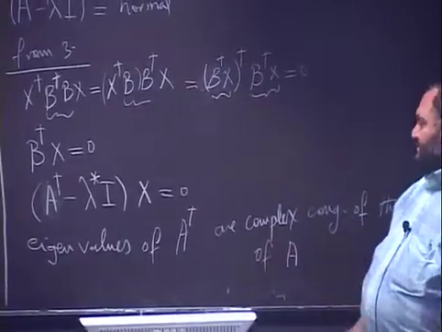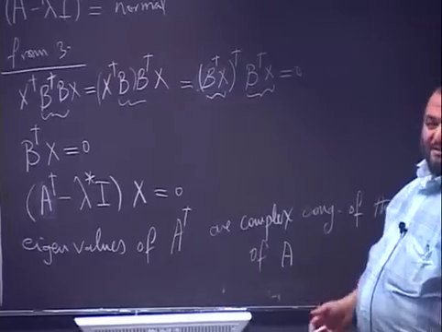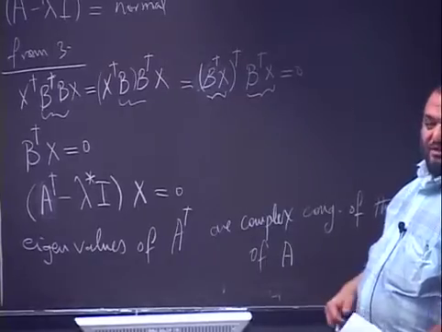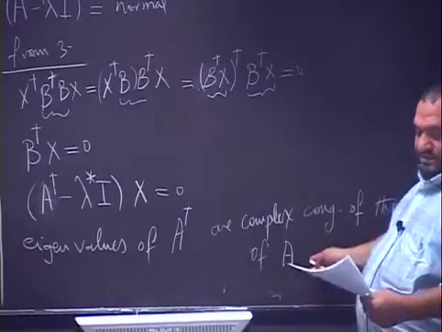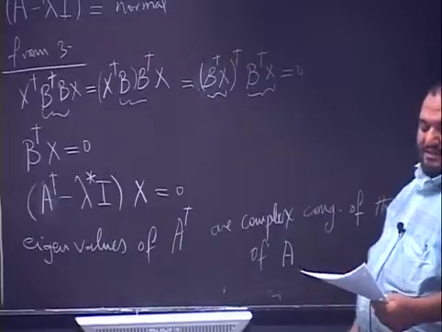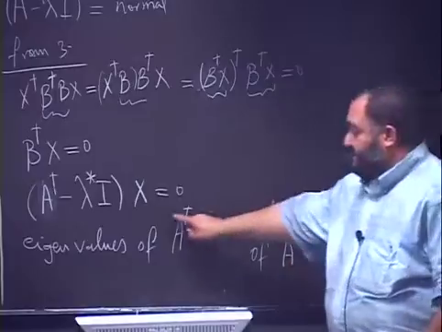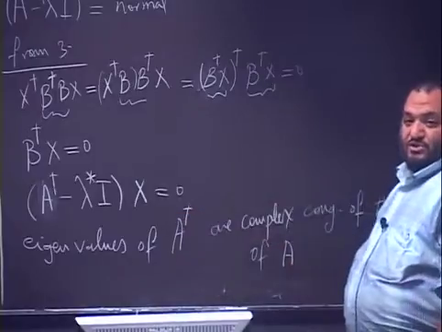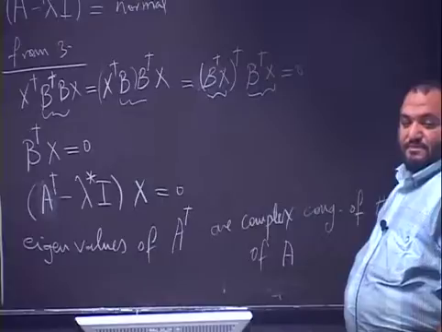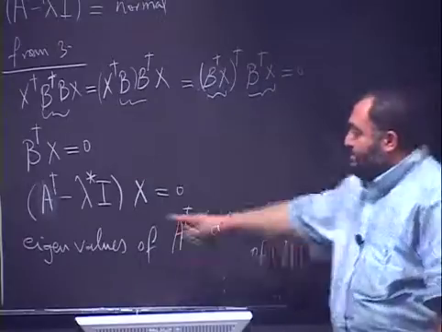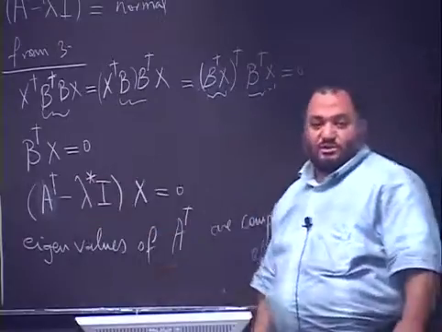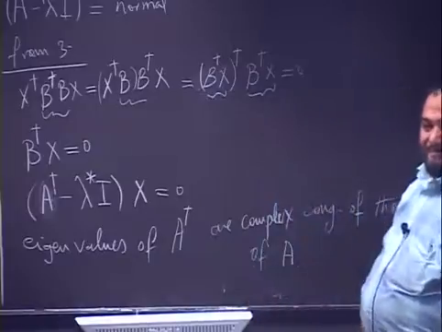So the theorem states that if you have a normal matrix, the eigenvalues of the Hermitian conjugate of the normal matrix A will be the complex conjugate of the eigenvalues of A. Yes?